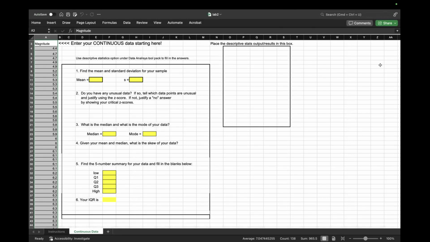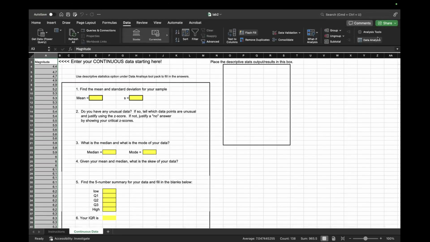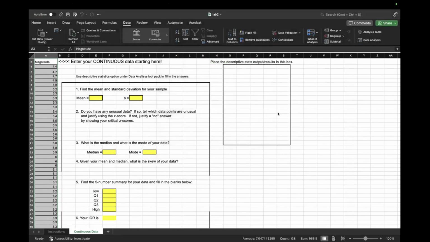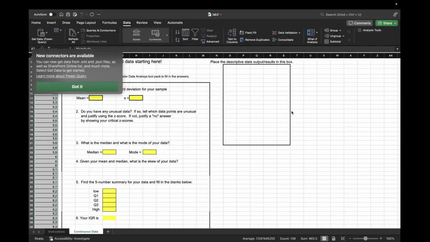We need to enable the controls. I don't think I turned the controls off of this. Let me see here. I didn't. I'm going to turn it off so that I can turn it back on again. Just a second here.